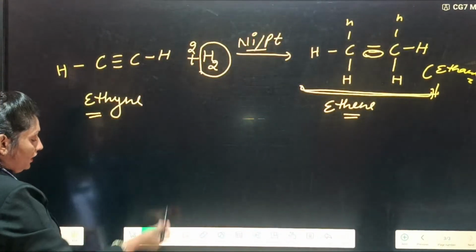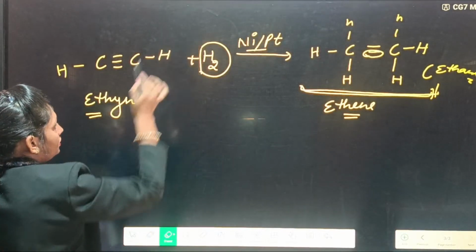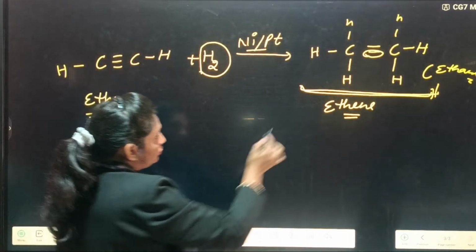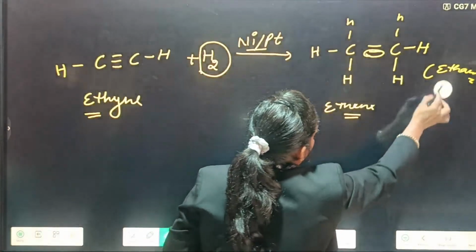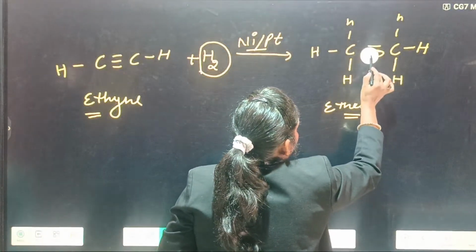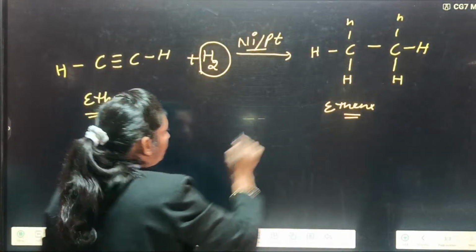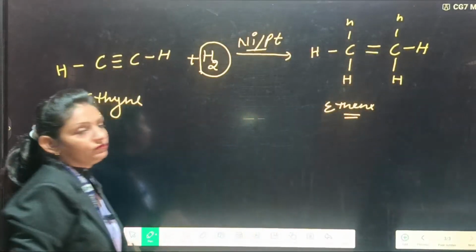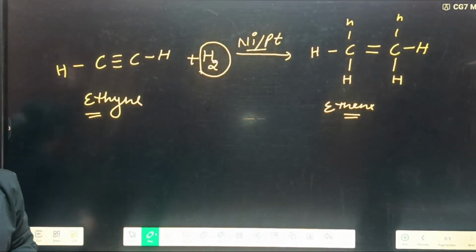If you have one unit and you want to do the reaction, then you will write only this one product, alkene. Clear?